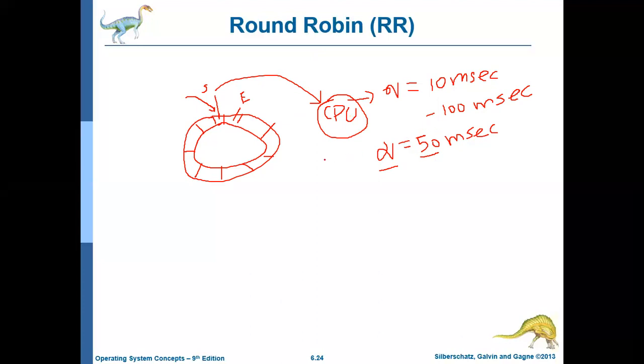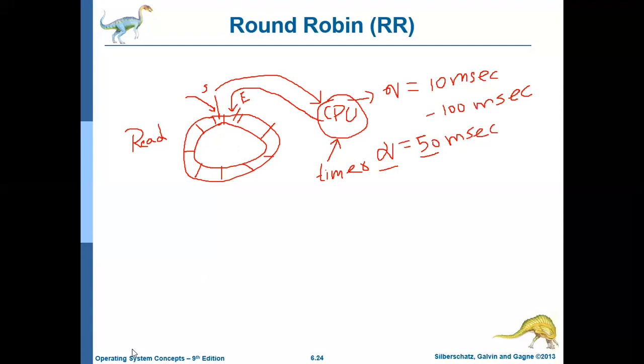Once it is over, a timer interrupt will be triggered, stating that the time quantum for this process is completed. Immediately, the operating system will take this process and keep it at the end of the ready queue. This is the ready queue, which we are considering as a circular queue. So this is how this algorithm works.